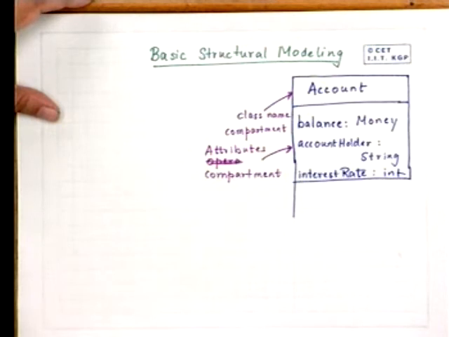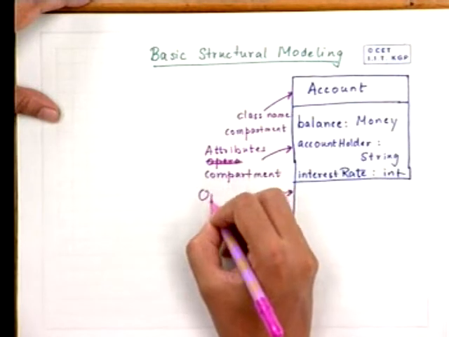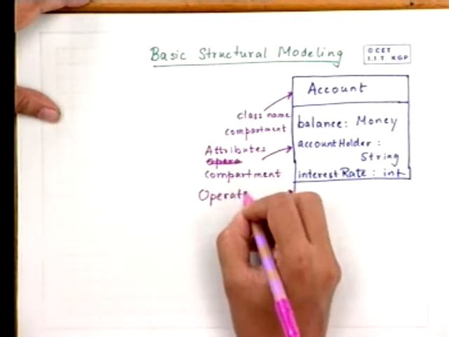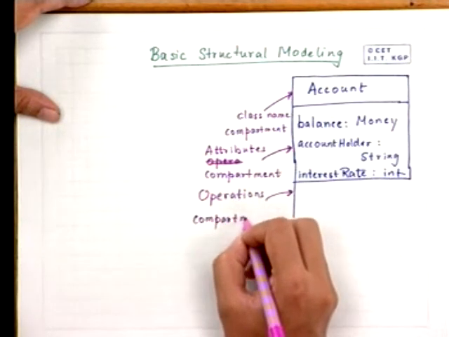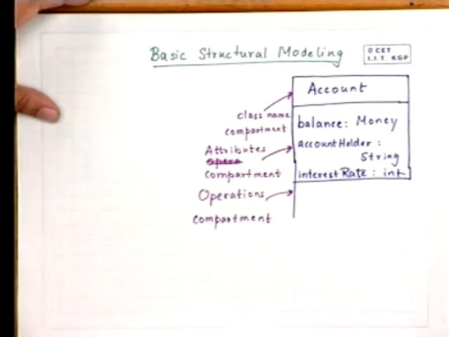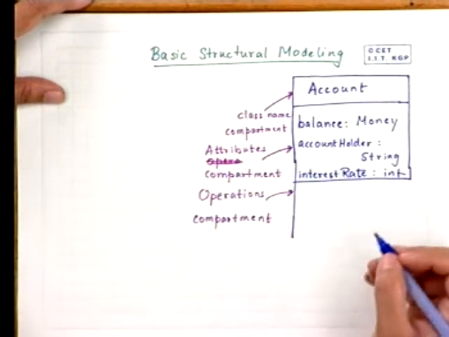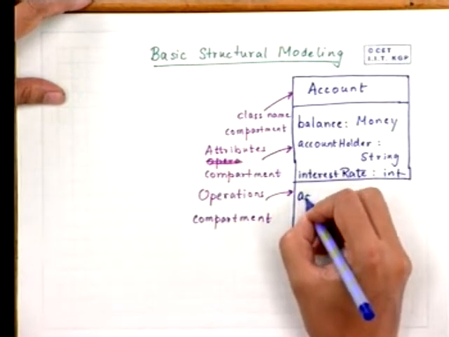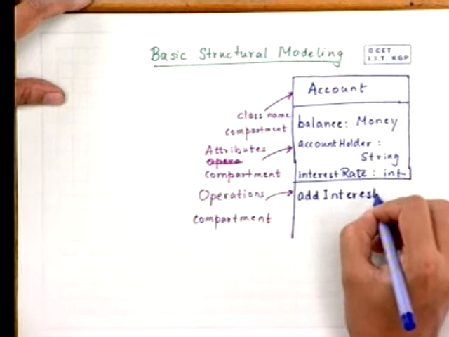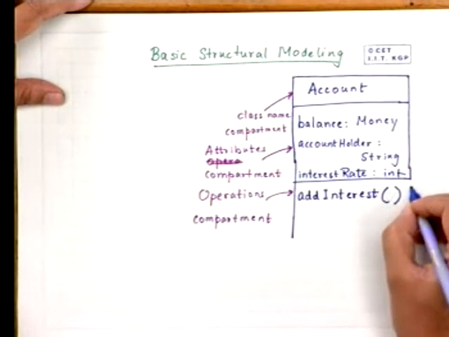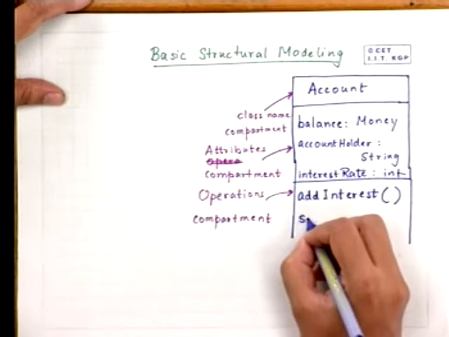And the third compartment is the operations compartment. In this compartment, we define some of the important operations on the class. For example, for this class, we have the operation add interest, and we have another operation set overdraft level.